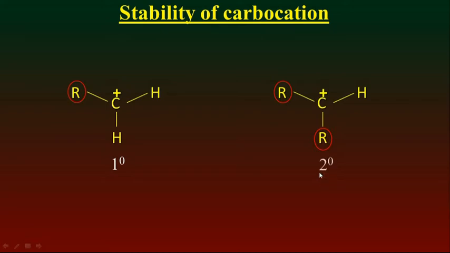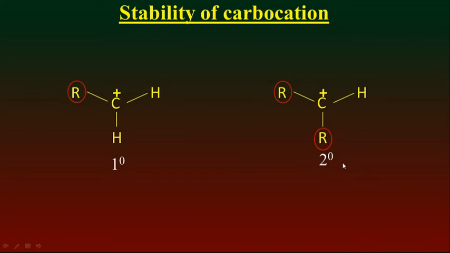Here in 2 degree carbocation, the 2 alkyl radicals donate electrons to the positive carbon atom more than in 1 degree carbocation, because in 1 degree carbocation only one alkyl radical is present, so the donation of electrons is not as much as in 2 degree carbocation, which contains 2 alkyl radicals.